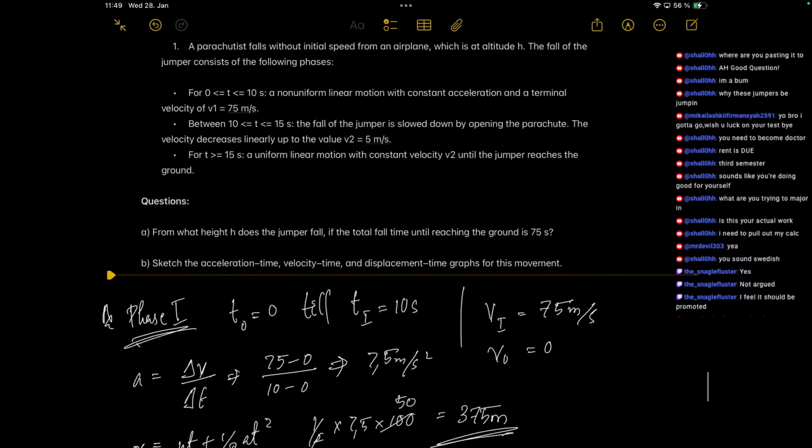Now the last part. T greater than 15 seconds. Oh, it's already 30 minutes. Linear uniform motion with constant velocity until the jumper reaches the ground.